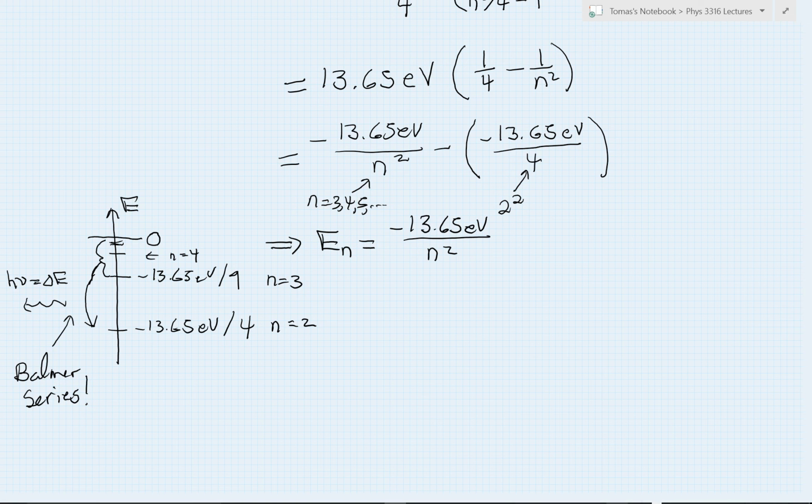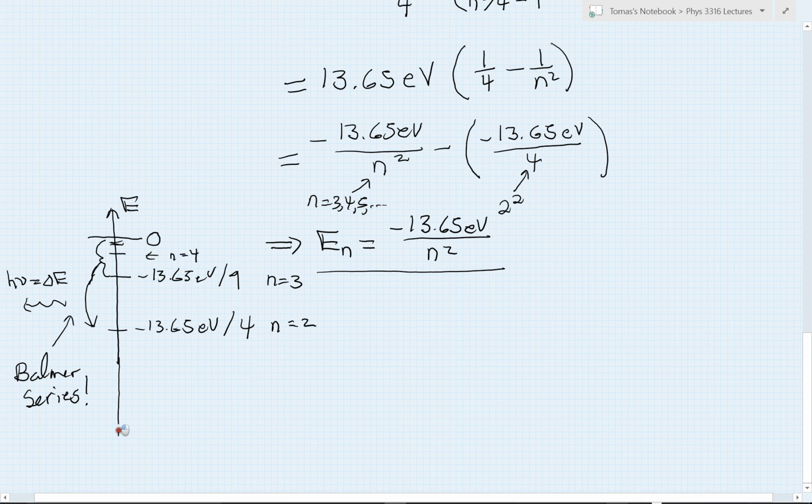Now, this does raise an interesting question, which is that this sequence that gives me all these energies, a perfect explanation of the Balmer series, the allowed energies for my atom, have this beautiful formula that can have n equals 2 or 3 or 4 or 5. But what about n equals 1?